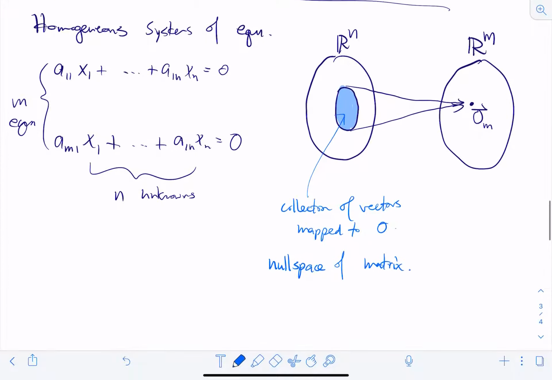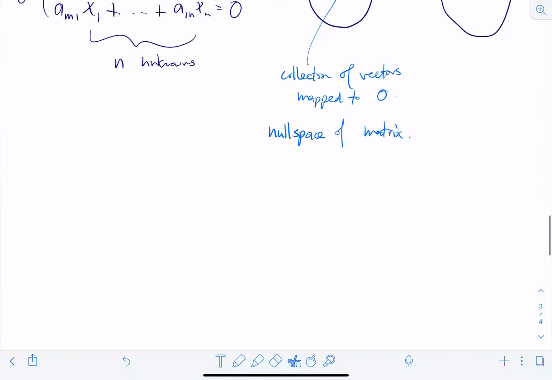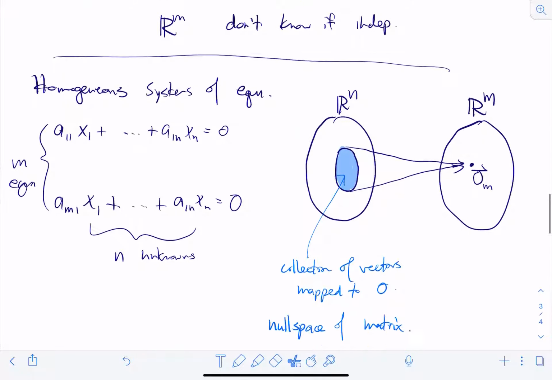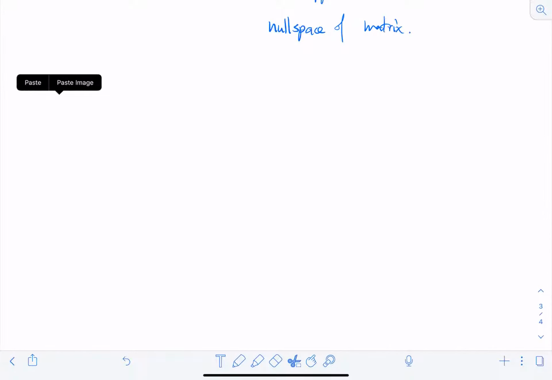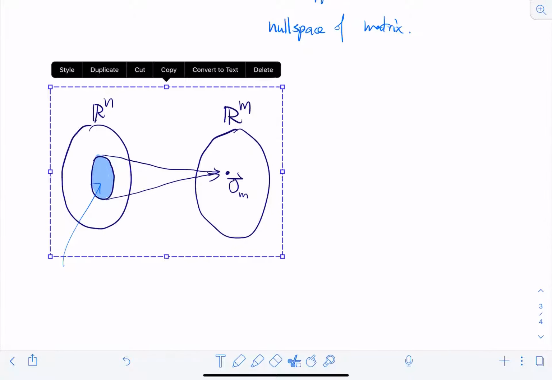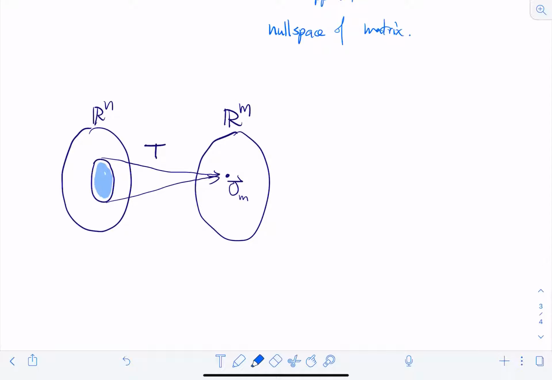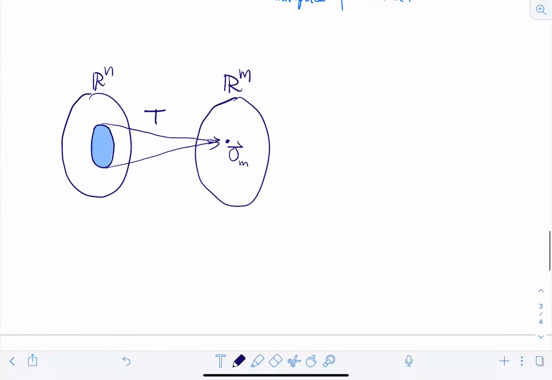And if you were to look at the same situation, but this time, instead of thinking of it as a system of linear equations, if you were to just take that same picture, oops, copy it. So you would take the same exact picture, but instead of thinking of it as solutions to a system of equations, you think of this as a linear transformation, then the same object right here turns out to be what we call the kernel.